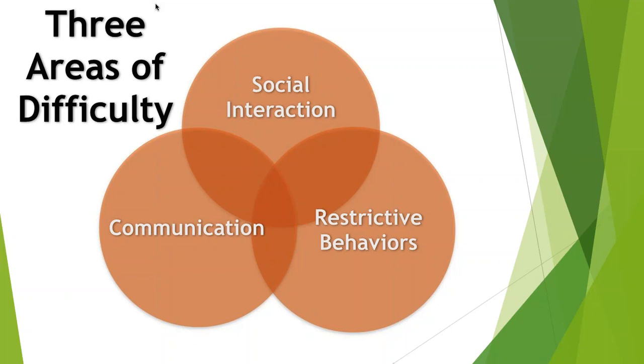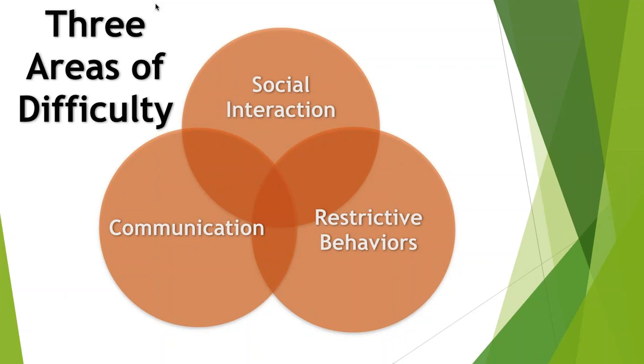Communication is another large area that is difficult for folks who have been identified with ASD. And a third area is restrictive or repetitive behaviors. I like this diagram because it represents the idea that while these three categories are distinct, there are also overlaps between all of those categories.